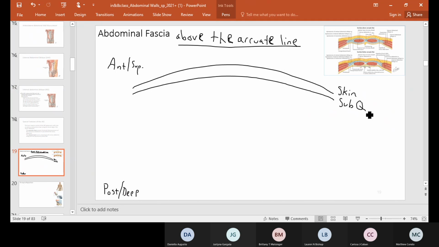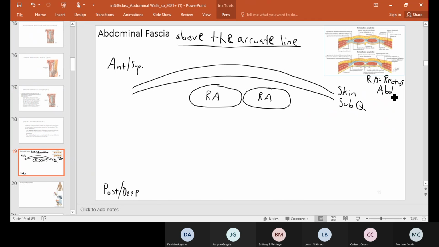But first I'm going to draw in, because this is the cross section, these 2 little potato looking structures here are going to be rectus abdominis, RA. I'm going to draw these other muscles in as little triangles. And you'll see here why in a second.